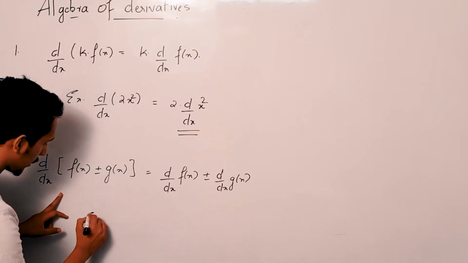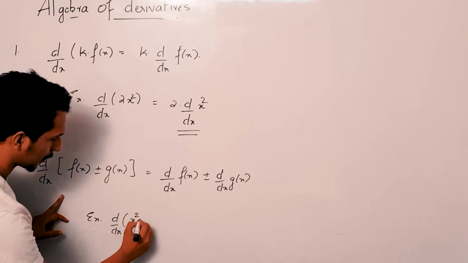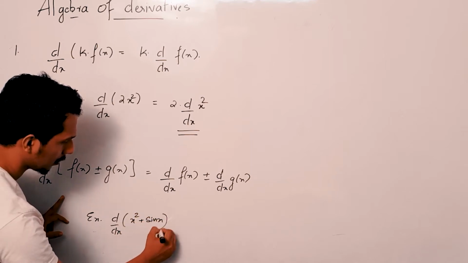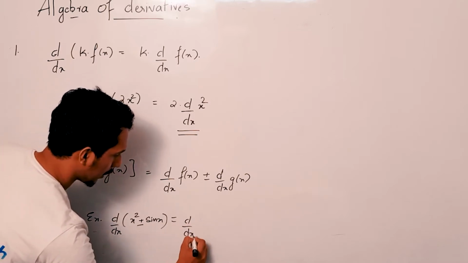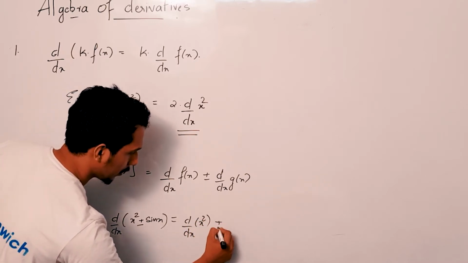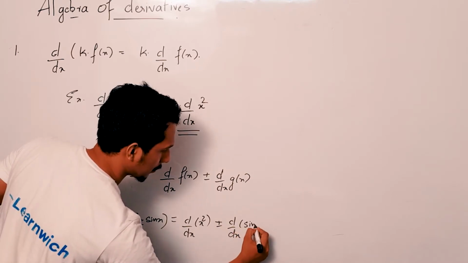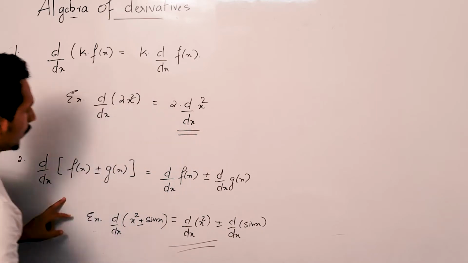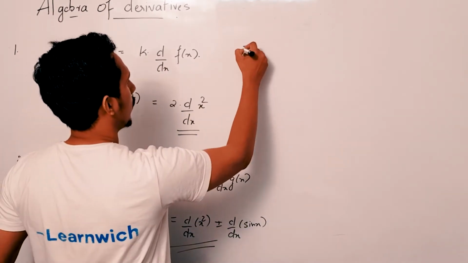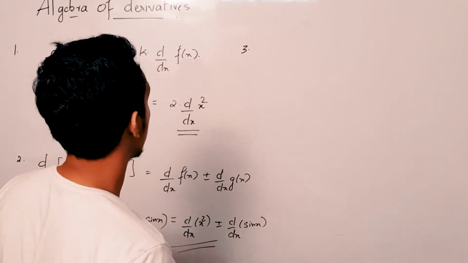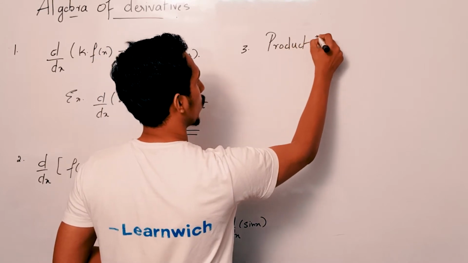If you would like to take an example, let's say d by dx of x square plus sin x will be d by dx of x square first, then plus d by dx of sin x. Okay, that's the first one, the second one. The third one is called the multiplication or the product rule.